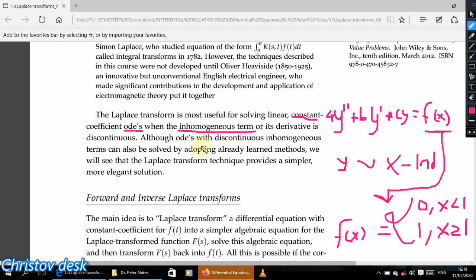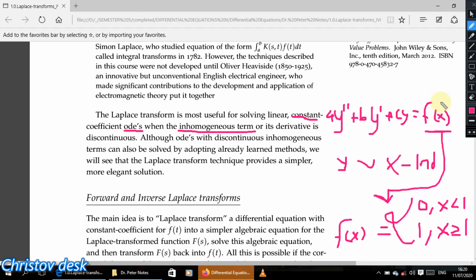The basic idea is that we wouldn't have used Laplace transforms if this function were continuous. It can be differentiable everywhere, then we wouldn't want to worry ourselves with that. You can use the various methods that are available: the method of variation of parameters, the method of undetermined coefficients.